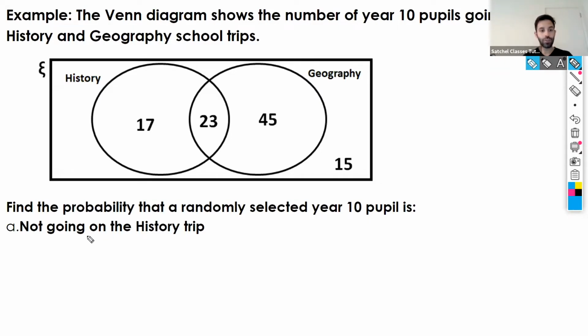So we just want a student out of, how many do we have? So we have 100 students here. So out of the 100 students, how many of them are not going on the history trip? Well, that's going to be 45 plus 15, which is going to be 60. So 60 out of 100 are not going on the history trip.